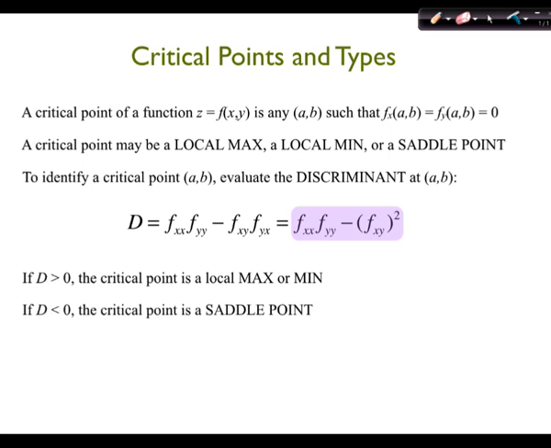If D is less than 0, then that's a saddle point. And if it equals 0, there's no conclusion, so you have to investigate it some other way.